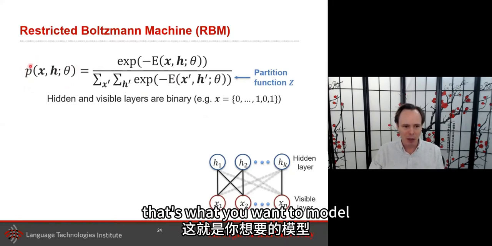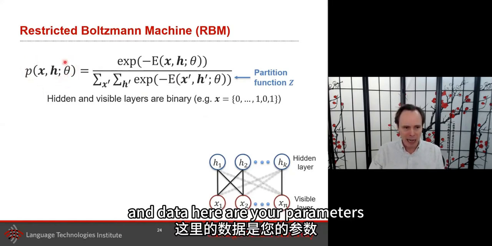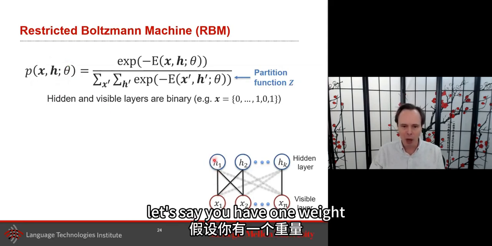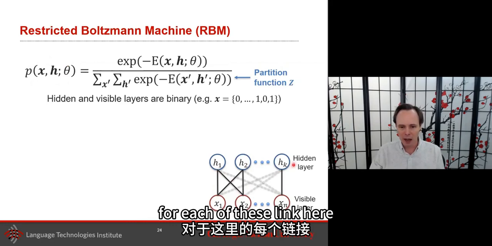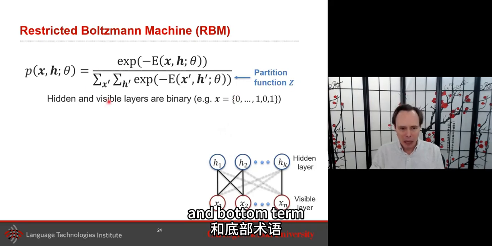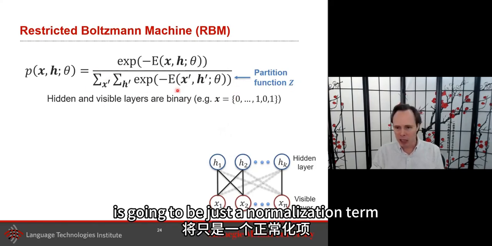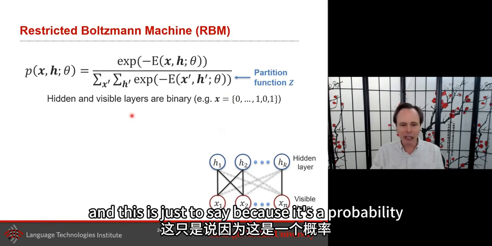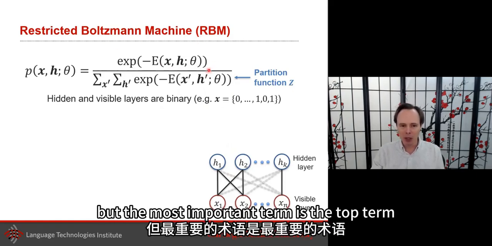That's a generative model. And theta here are your parameters. The parameters are the weights. Let's say you have one weight for each of these links here. And the bottom term is just a normalization term, because it's a probability.